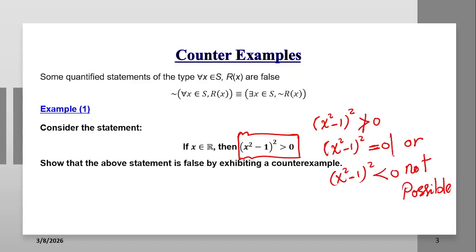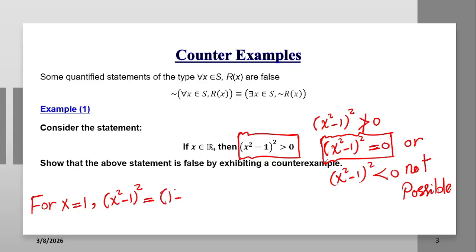But maybe we find a value for x that satisfies this form, (x squared minus 1) to the power 2 equal to 0. Actually, this is satisfied for x equals 1. For x equals 1, replace x by 1 in (x squared minus 1) to the power 2, you will get 1 squared, which is 1, then 1 minus 1 to the power 2, and this equals 0.